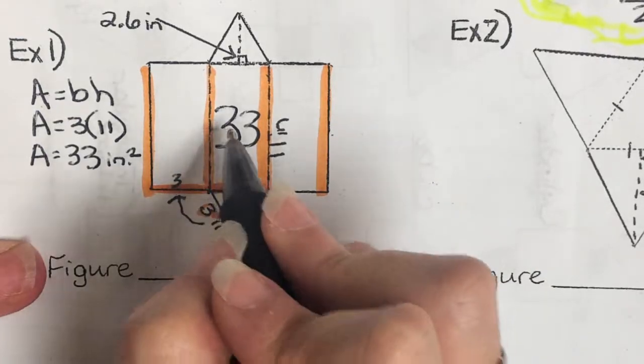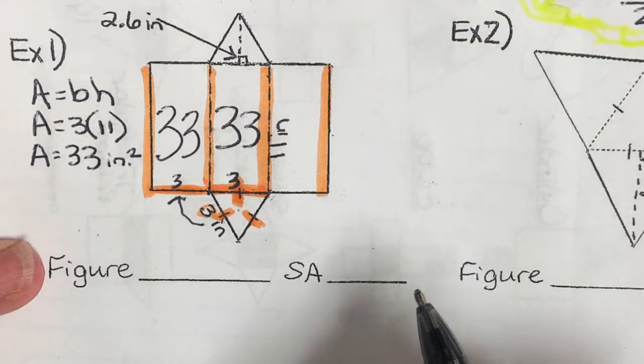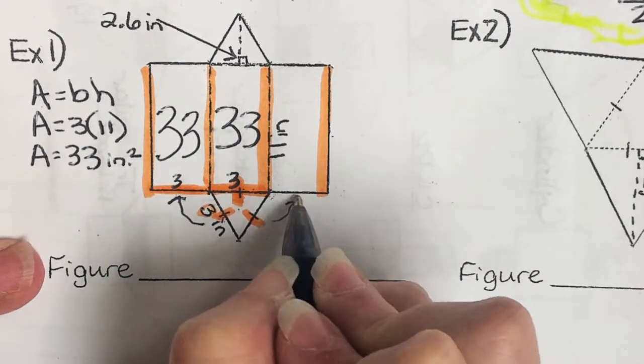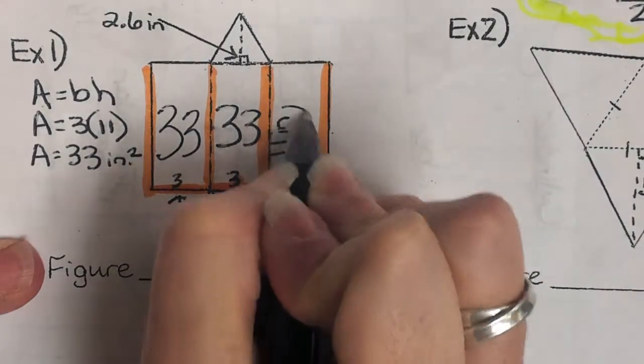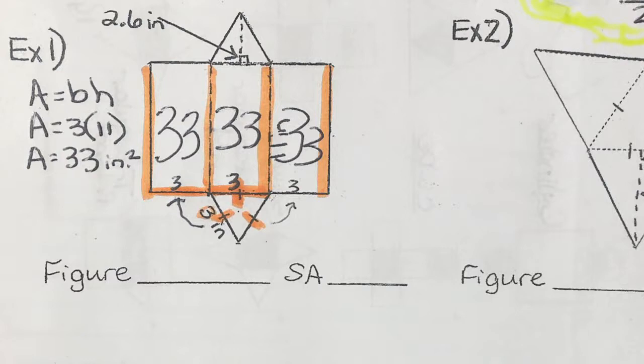So this is also a what? 33. If this one's 3, so is that one. So it is 33. Listen, it won't always be that way. We just got lucky on that one, okay? So our 3 rectangles are all 33s. Everybody good on that one?